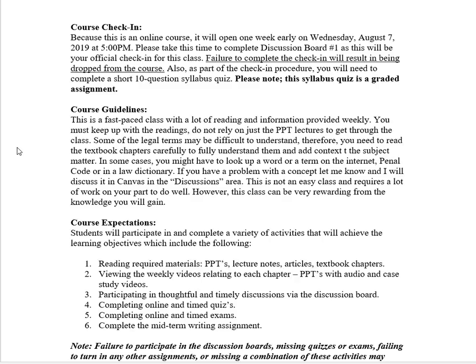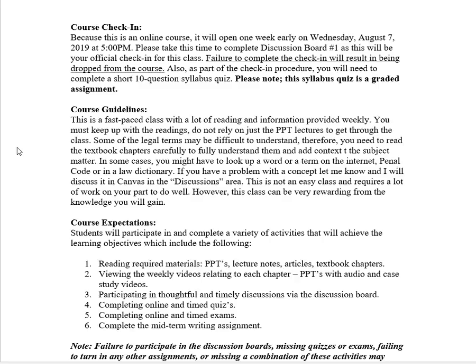The second part of the check-in procedure is you're going to need to complete a very short 10-question syllabus quiz, and this quiz is graded. Now, if you read the syllabus, which I'm going to post as a PDF document in your course Canvas, or if you watch what you're doing right now, at least what I hope you're doing, which is watching the video version of the syllabus review, you're going to totally ace that syllabus quiz, and it's not a big deal.